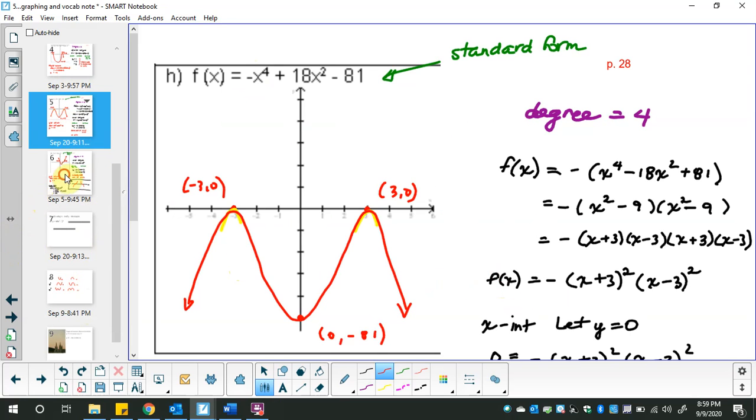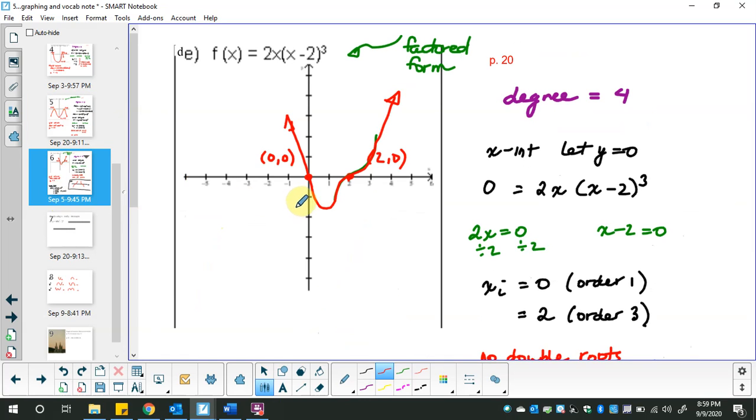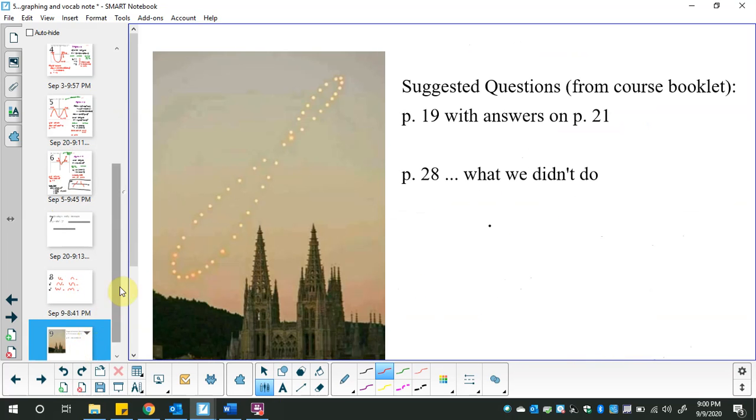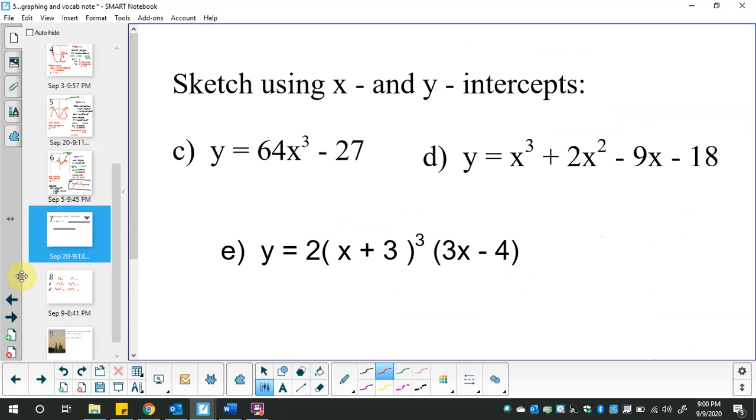You do end up with wonky M's and wonky W's, so this is an example of a wonky W, but I knew it was W-ish. So at any time, you can take a look at some of these. I highly recommend that you join back up for end behavior and this information. We will get there in class, if not by video.